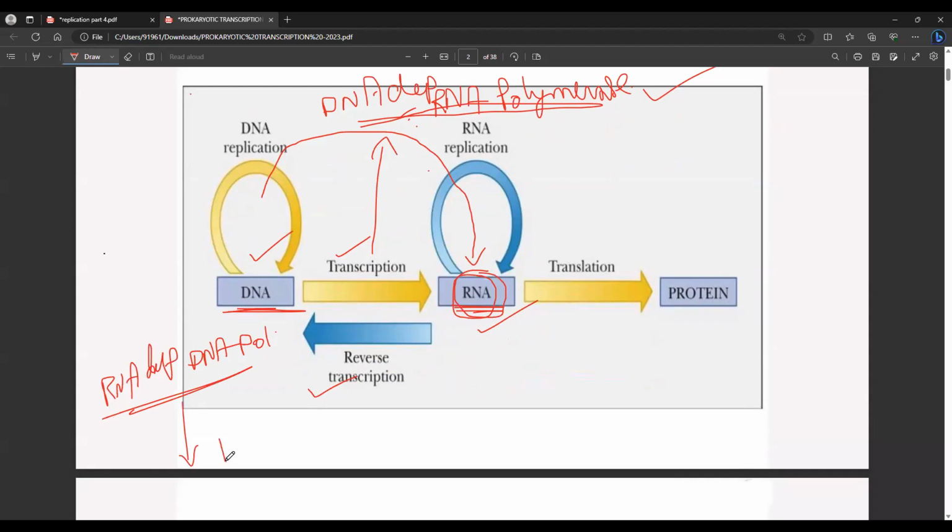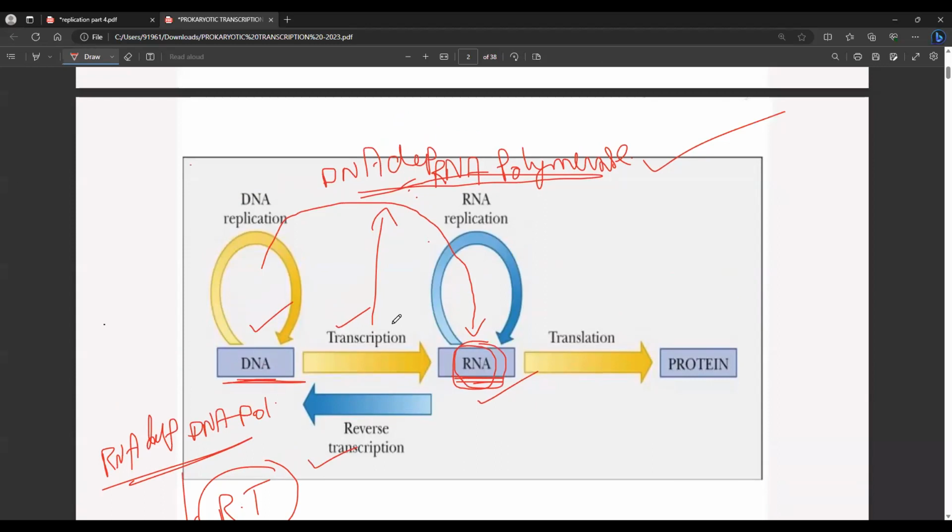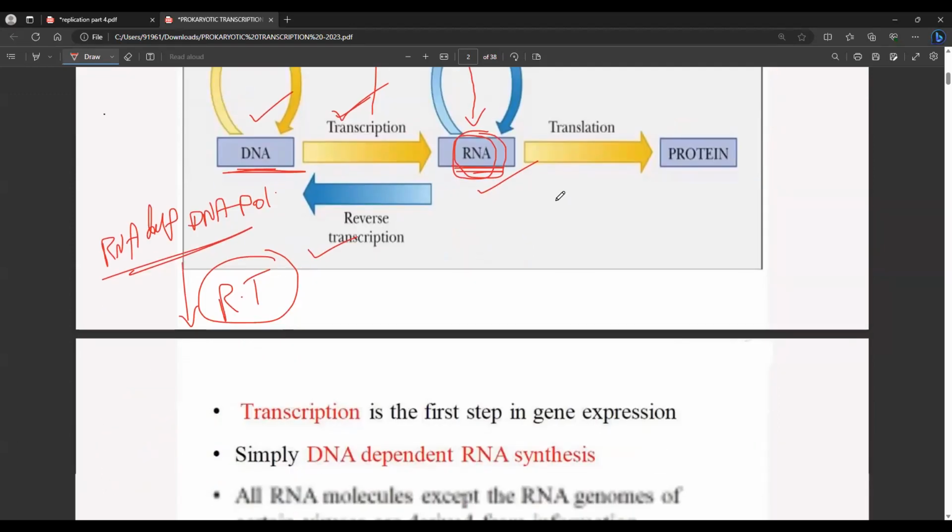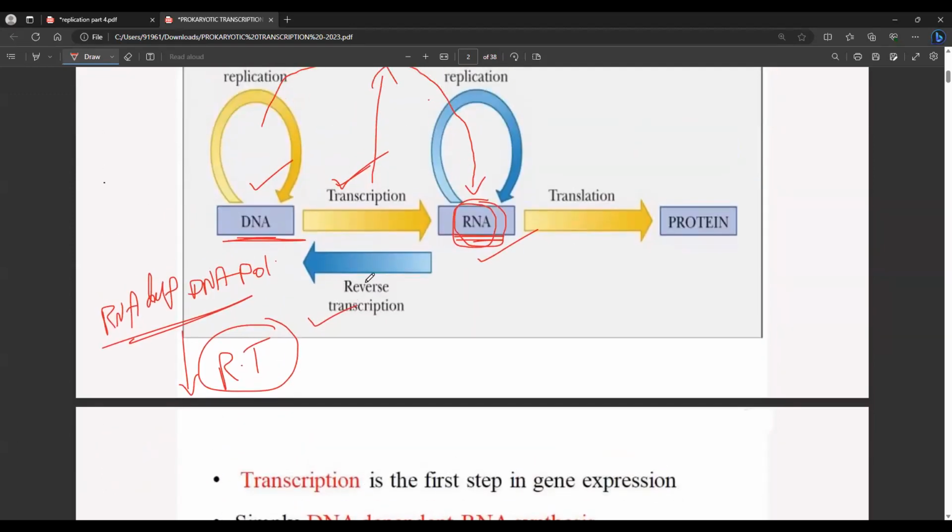This is in case of viruses, we call it reverse transcriptase enzyme. Please don't get confused with that point. In simple words, the enzyme involved in transcription is DNA dependent RNA polymerase. The enzyme involved in reverse transcription is RNA dependent DNA polymerase. Please don't get confused with that particular point.